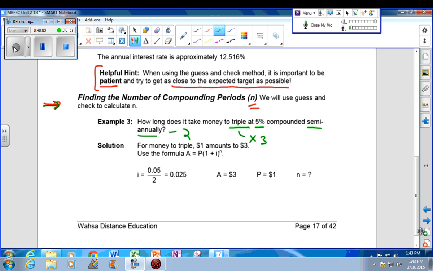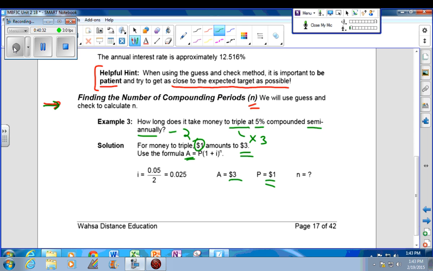Now, you don't have to make the calculations complicated. They said that for $1, because it's triple, it doesn't matter. It could be any amount, but why not just pick the easiest one to use? So we want $1 times 3 gives us $3. That's triple. So our A is going to be $3 when our P is $1.